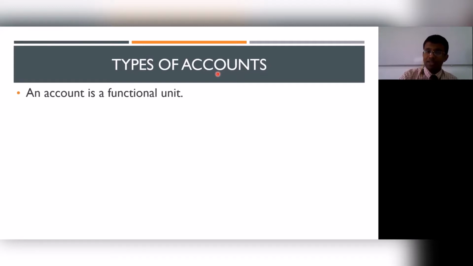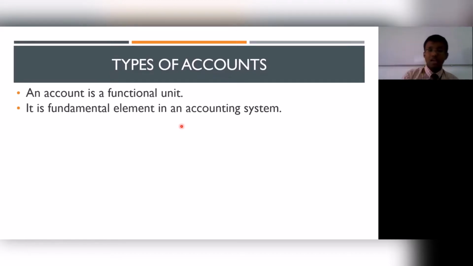It is the fundamental, or it is the grassroots unit in the subject of account. All the transactions that you carry out in the books of accounts, you would carry that against the account against the accounts. So in a nutshell, account is a element. It is the fundamental element in the accounting system.